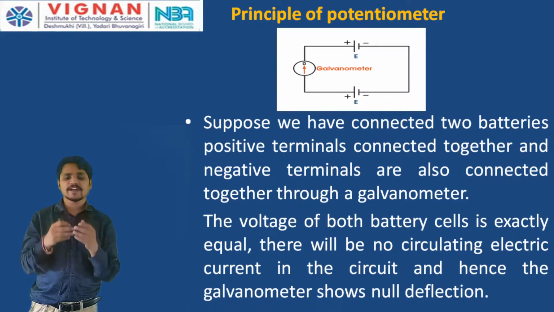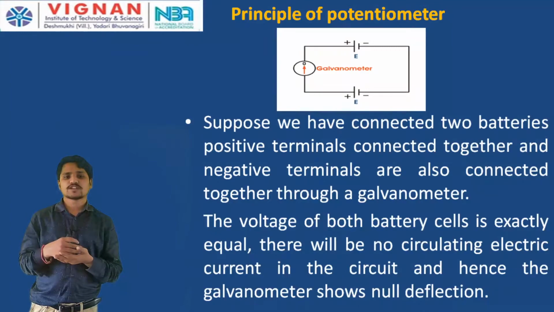That means the idea is to measure the unknown EMF by comparing with a known EMF. This is called comparison method. Let us say the below cell is an unknown voltage, the above cell is the known voltage. So the below cell voltage will be compared with the above cell voltage. Whenever these two voltages are equal in magnitude, the current flowing through the circuit is zero, so the galvanometer will give the null deflection. When the galvanometer gives you the null deflection, it means that the two voltages are equal. So this is the idea of the potentiometer's principle of operation.